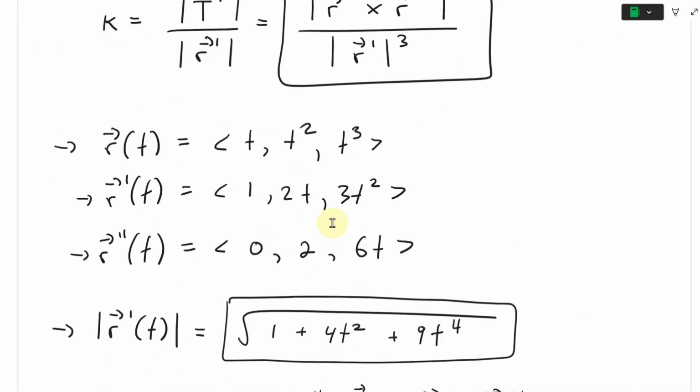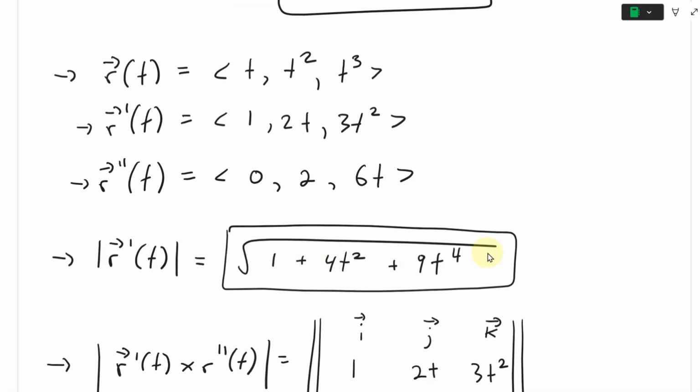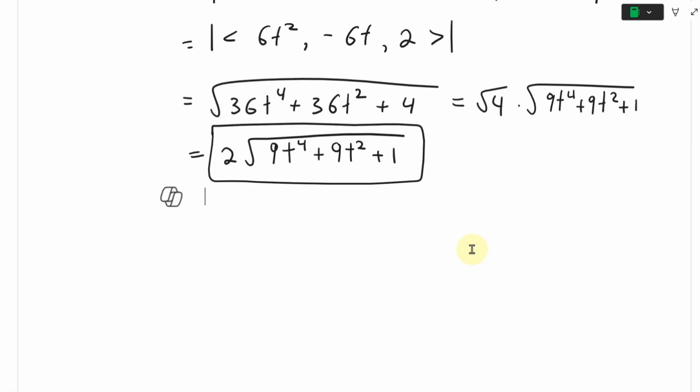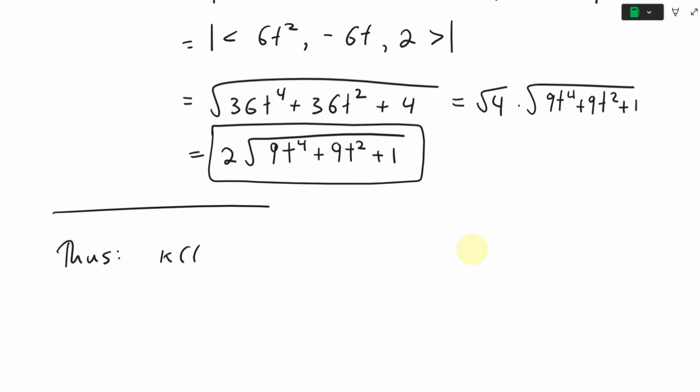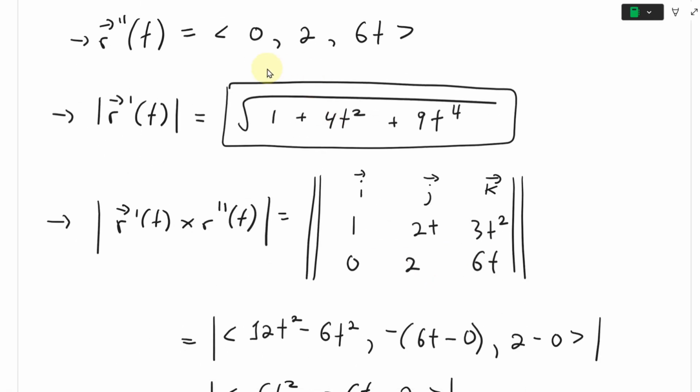So we have the top part, which is the magnitude of this cross product, divided by this one here, and then we just have to cube it. Thus, κ as a function of t is equal to the top part, which is 2 square root of 9t^4 plus 9t squared plus 1, all divided by this one right here.